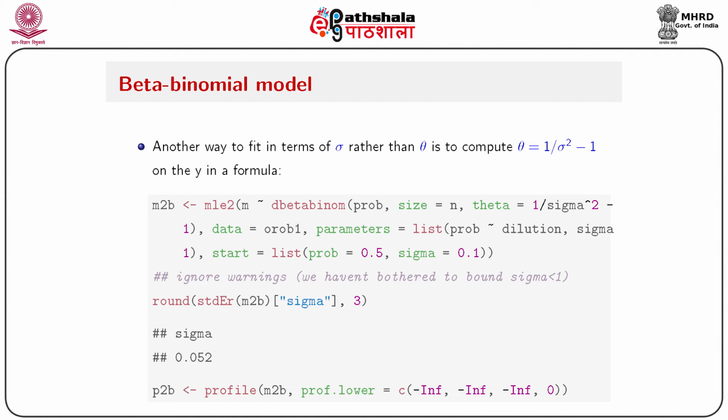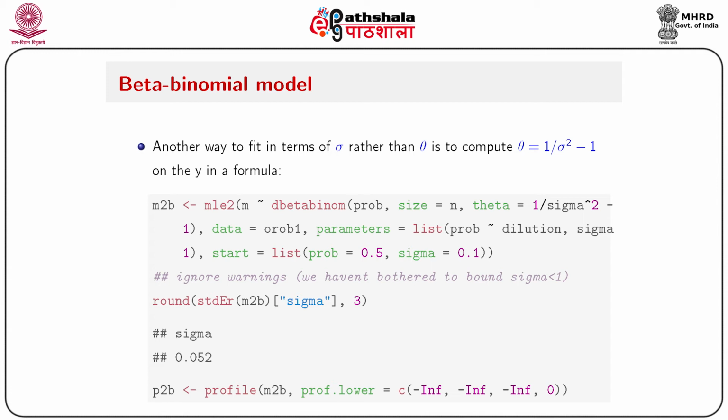If we do, then m tilde dbetabinom prob, prob, size equals n, theta equals 1 over sigma squared minus 1, data equals ORO B1, parameters are list, prob tilde dilution, sigma tilde 1, and then start equals list, prob equals 0.5, sigma equals 0.1. Ignore warning, we haven't bothered to bound sigma less than 1.